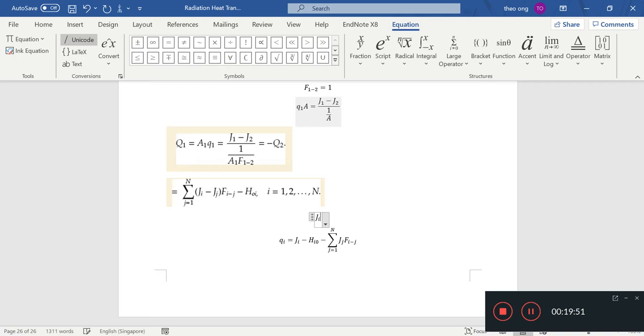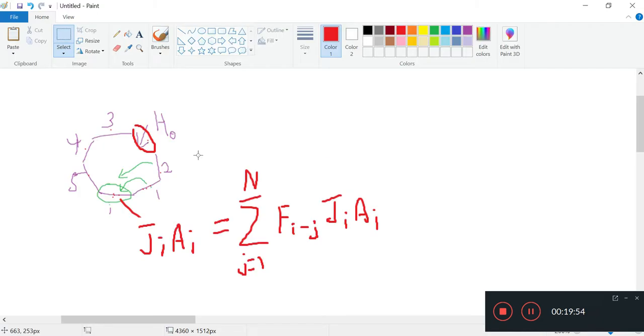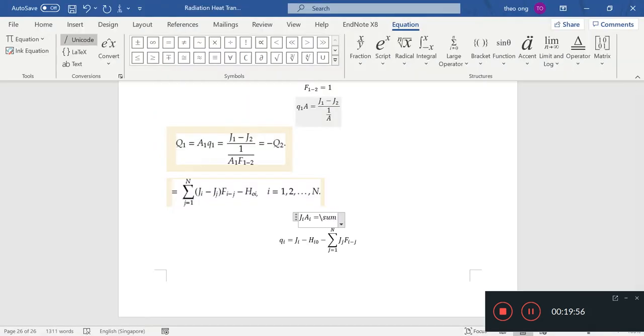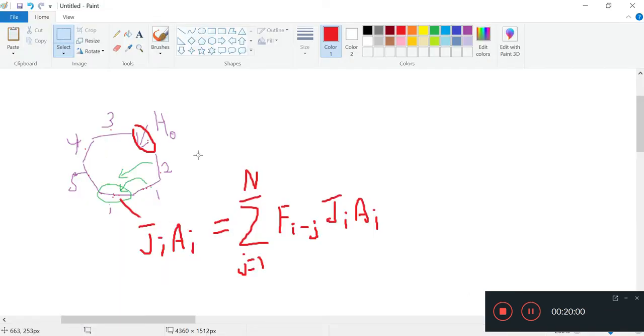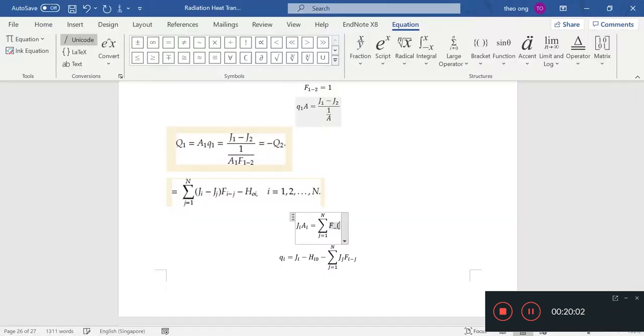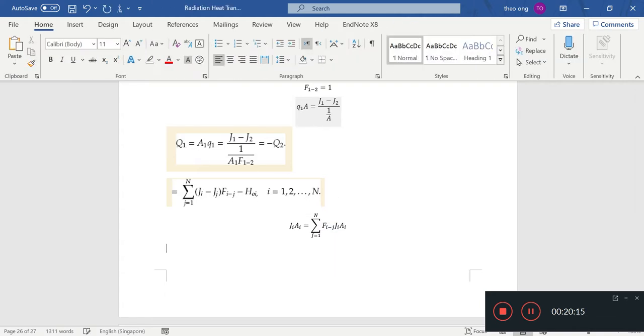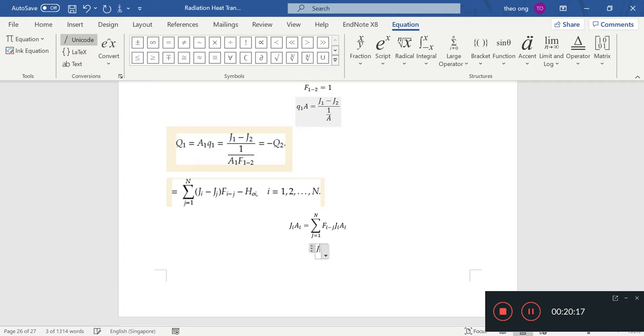Ji Ai equals the sum from j equals 1 to n, F i to j, Jj Ai. And of course that just means Ji equals this much.